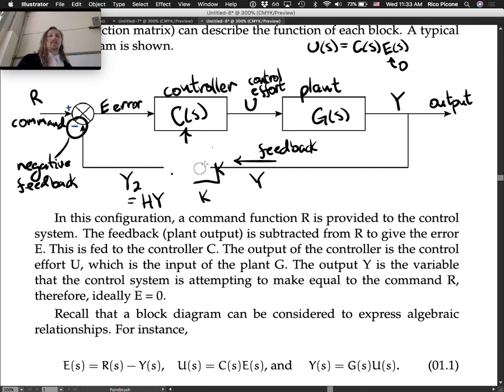So this case we call unity feedback. It can be shown that any system with a feedback controller can be turned into this. So we'll have that argument a little later on. But for now, we'll have unity feedback, where the output is our complete feedback to our summing junction. And it turns out that that's not some super special case that never applies. You can contrive it to apply all the time.